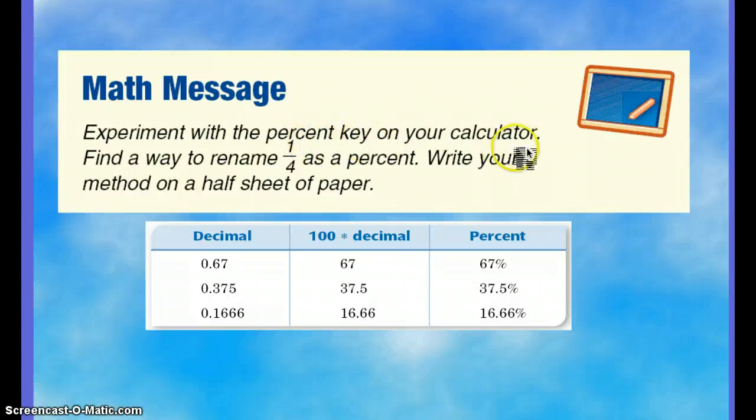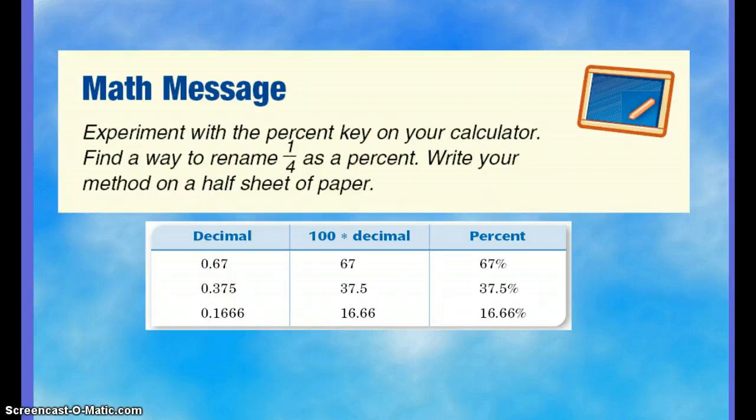With the percent key on your calculator, find a way to rename 1/4 as a percent. And then write that method on a post-it note or a scrap sheet of paper. I want you to notice down below that if a decimal says 0.67, that is 67%. So I'm moving that decimal 2 places to the right.